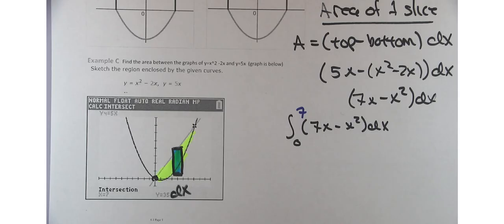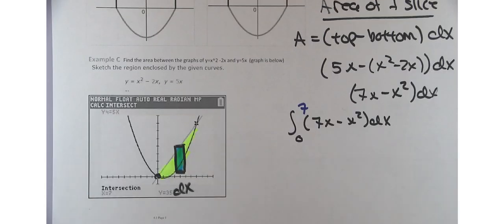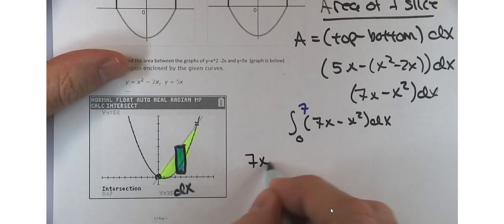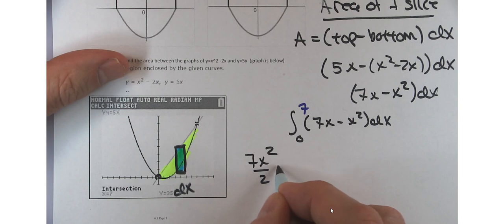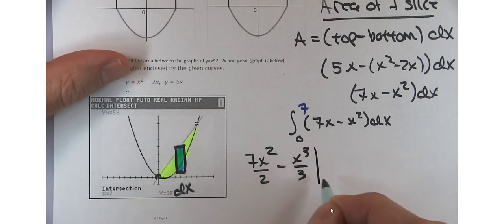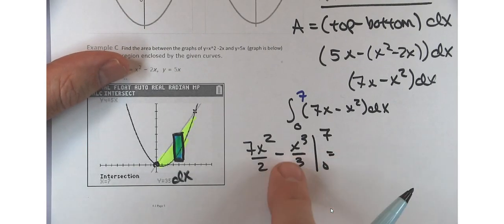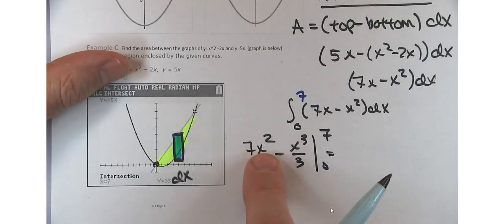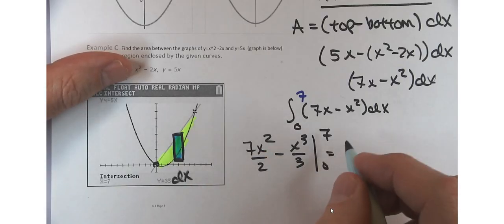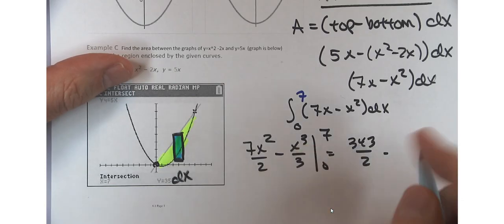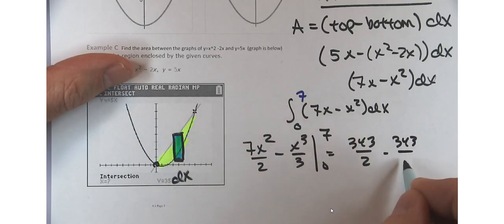Do you recognize what kind of function this is? Ooh. All right. Let's find the antiderivative then. That's going to be 7x squared over 2 minus x cubed over 3 between 0 and 7. As I plug in those limits, plugging in a 7, I get 7 times 7 squared, 7 to the third power is 343 over 2 minus 343 over 3.